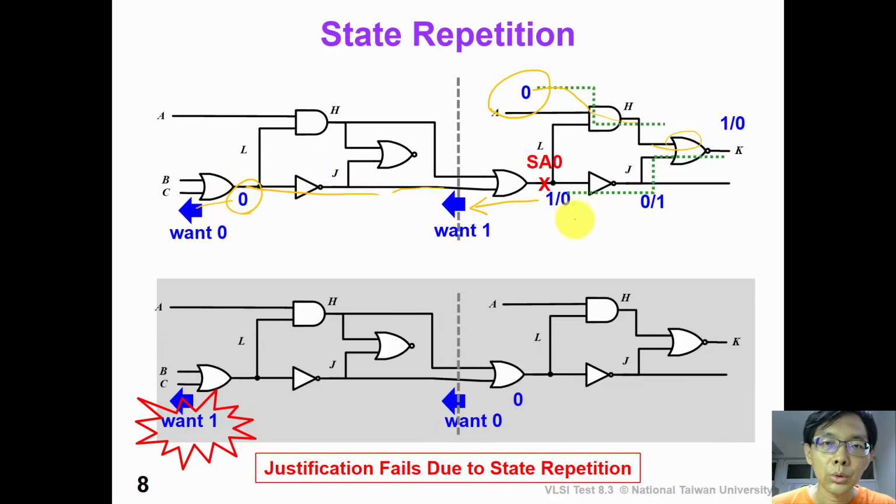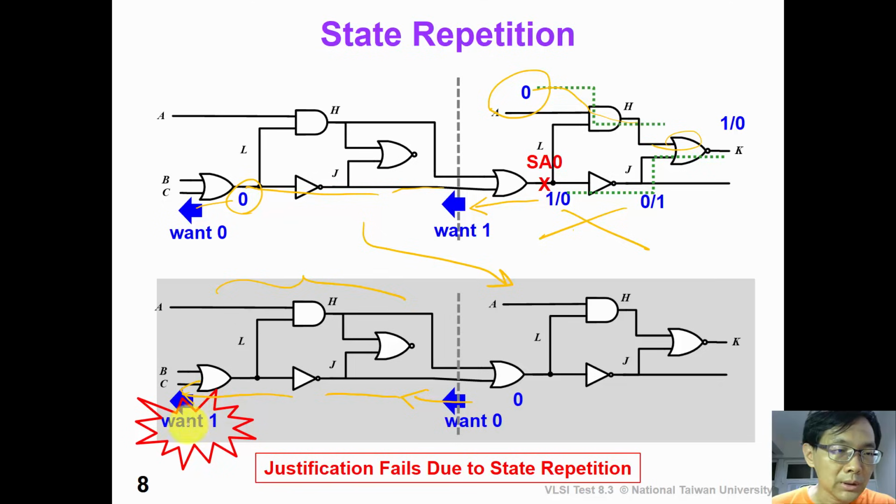So now we can remove this current time frame, and we have 1 more copy of the past time frame. Let's continue to backtrace a 0. Now we backtrace a 1 to the left.